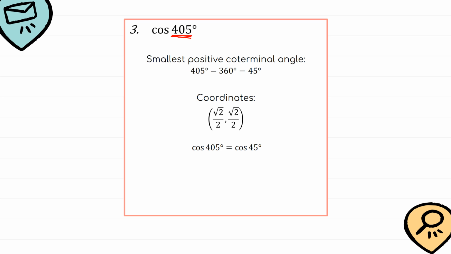It simply means that cosine 405 is equal to cosine 45. And whatever the coordinates of 45 degrees are, those are also the coordinates of 405. In that case, our coordinates here are square root of 2 over 2, square root of 2 over 2. So those are your coordinates. Let's label x, y again. So cosine 45 is what we will base on. Since cosine is defined as x, we simply substitute. Your answer is square root of 2 over 2.